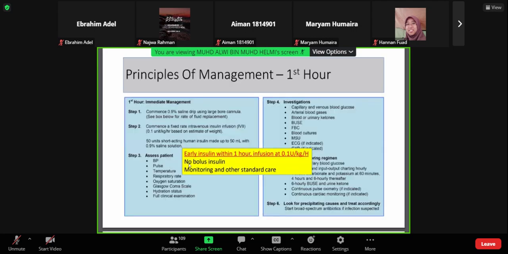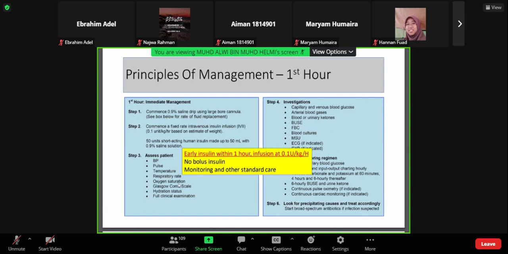Okay, just to recap. The first hour is fluid management. Step one is fluid, after you give the initial volume expander. Step two is insulin.